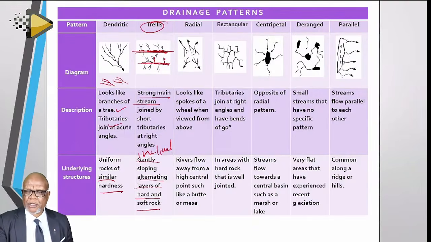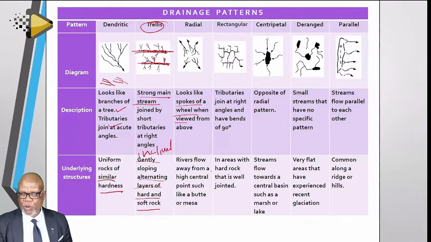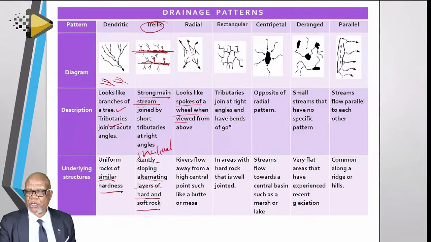Radial, like the name says, radiates from a high point. It looks like the spokes of a wheel viewed from above, and rivers flow away from a central point because it radiates. Then what do we have there? You have a rectangular pattern.